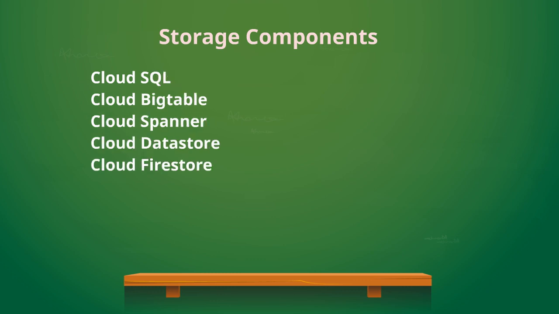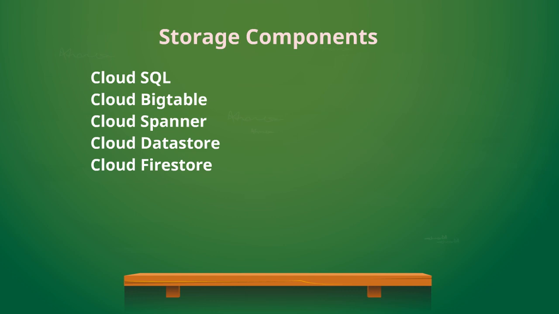Okay, so now I'm going to cover the database storage components. Google has a lot. The first is Cloud SQL, which is GCP's relational database. You then have Cloud Bigtable, which is based on a NoSQL model, and it works well with cloud storage. You also have Cloud Spanner, which is Google's global distributed relational database.